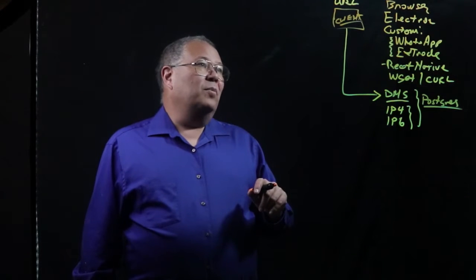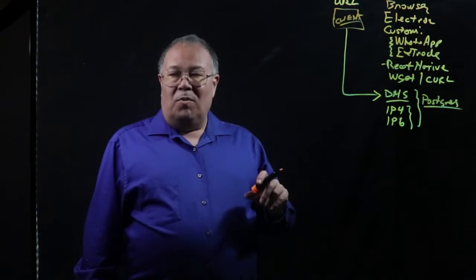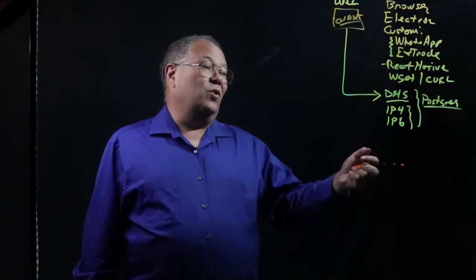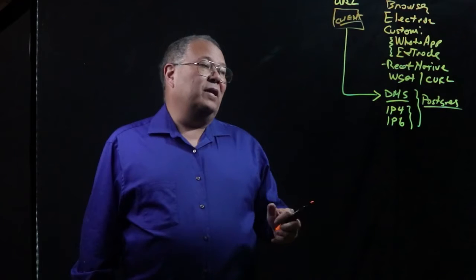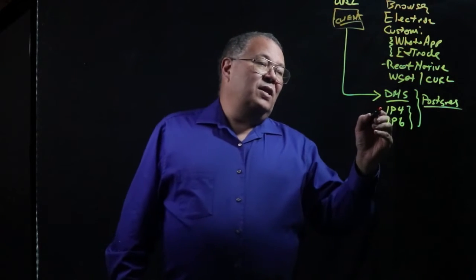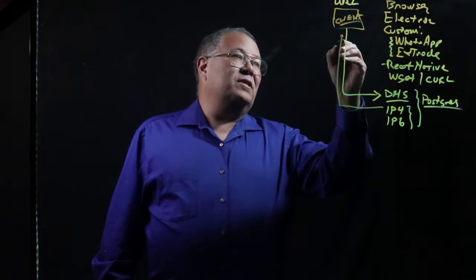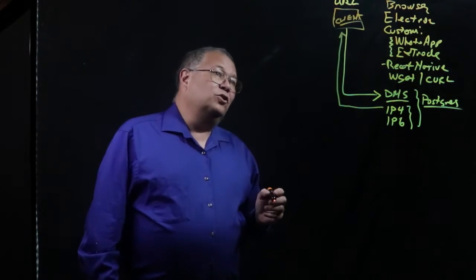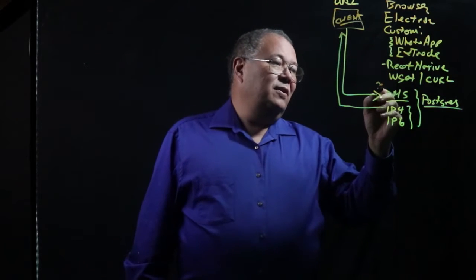And there are a number of these things, but almost all of them are based on Postgres because Postgres has native data types for storing IP addresses and manipulating IP addresses. Now, when it gets done, it sends back a result that is this IP address. That usually is the start.